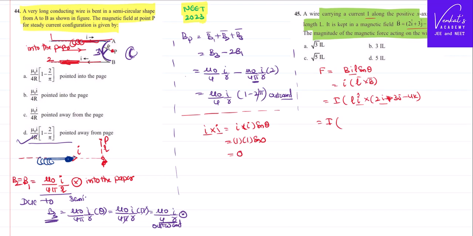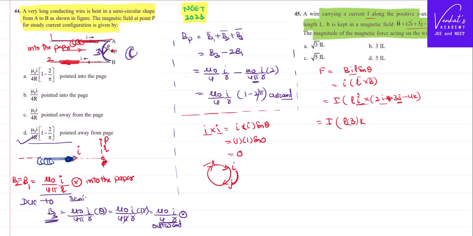For i cross j, to find the direction you have to draw a circle i, j, k. So i cross j is k if it comes in the same direction. So L into 3 into i cross j is plus k.